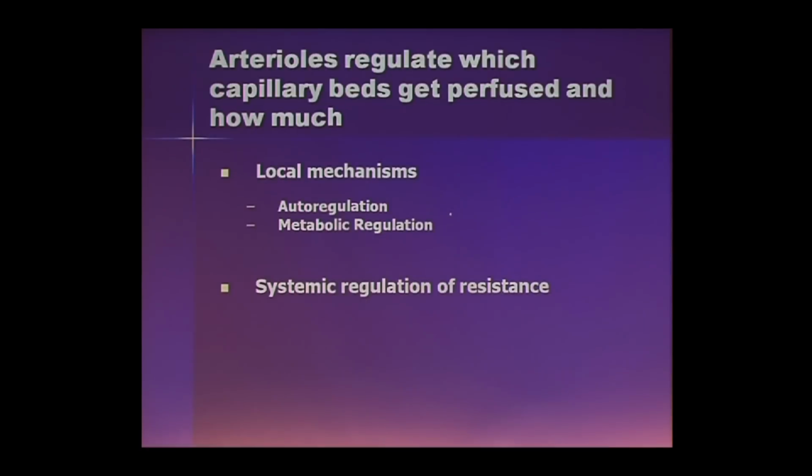That means that metabolism is amped up, so you have a lot of CO2. An increase in CO2 in a particular capillary bed is actually going to cause arteriolar relaxation, a drop in arteriolar resistance. Pretty cool system. Wouldn't you say so?